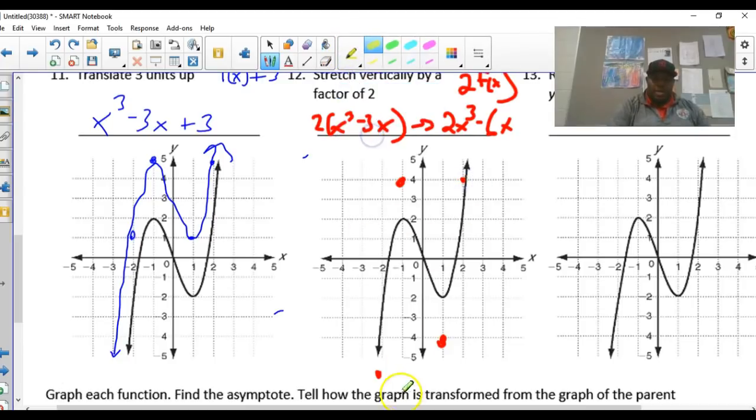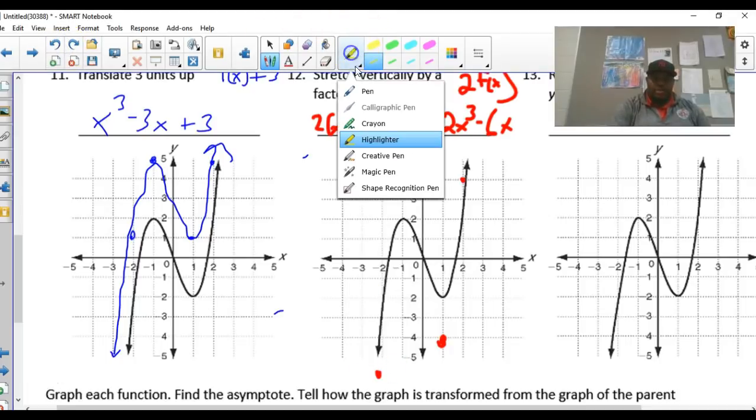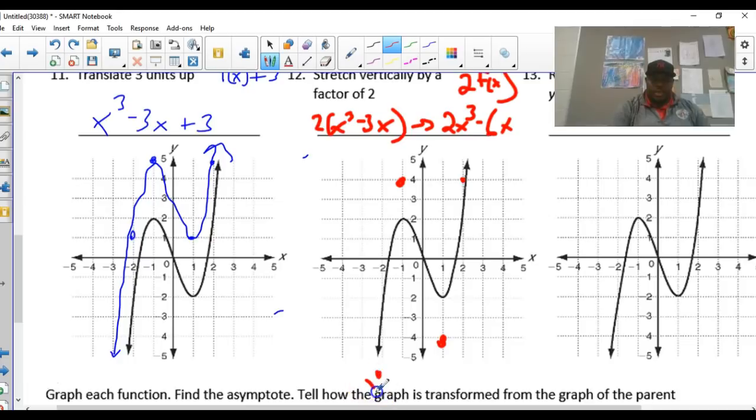Bear with me, again, I am not the greatest artist. So I'm going to try. Oops, and this thing's not even cooperating. Oh, you get something like that, okay?